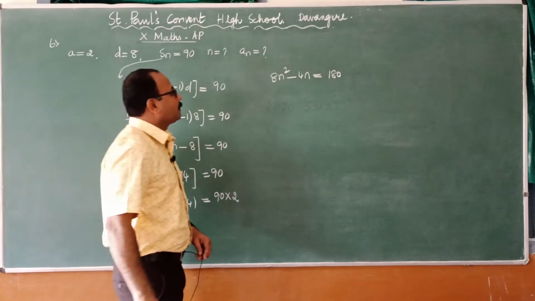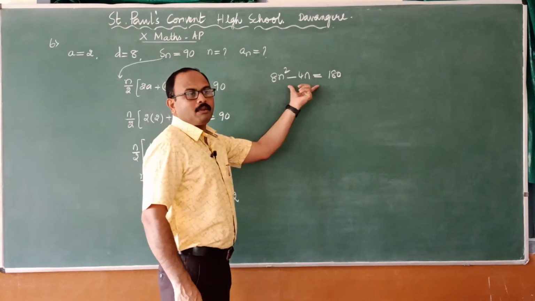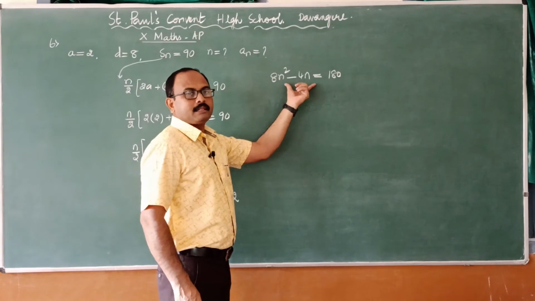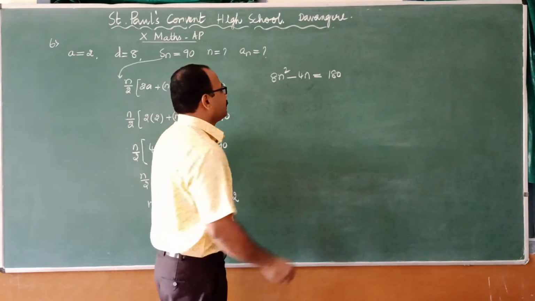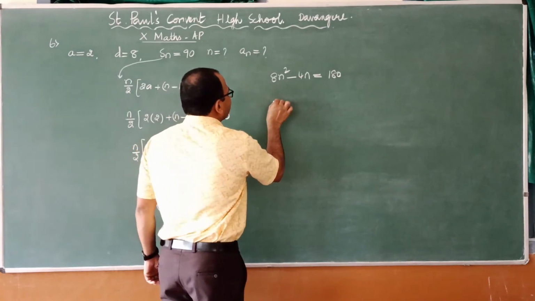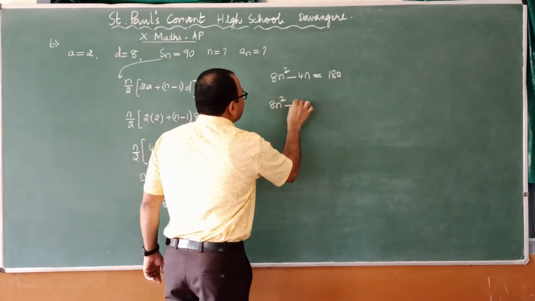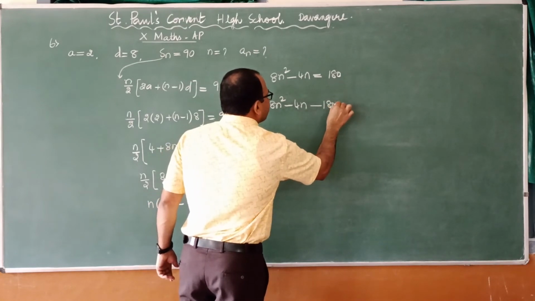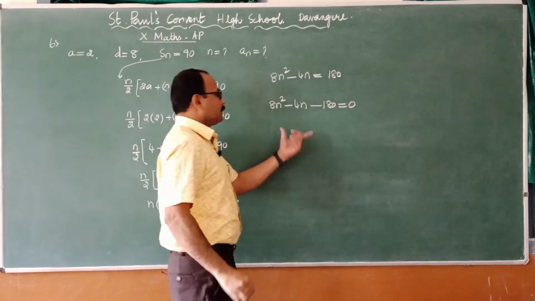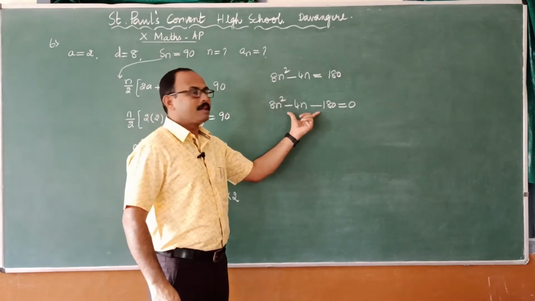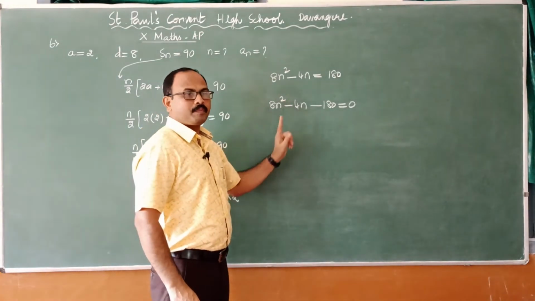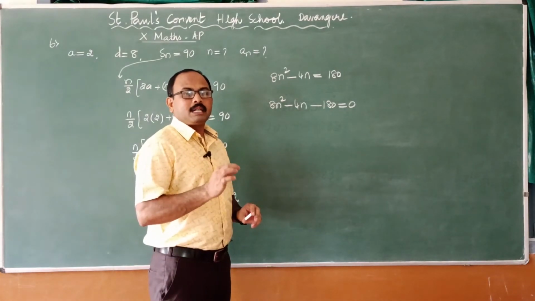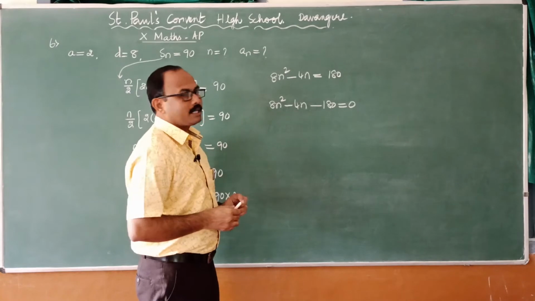Next, children, like this, quadratic equations we have factorized in your 8th standard as well as 9th standard. Its standard form will become 8n square minus 4n, on transposing, minus 180, equal to 0. This is the standard form of a quadratic equation having degree 2. Now, all these trinomial terms are divisible by 4, children.